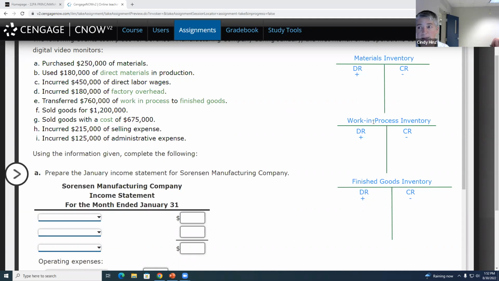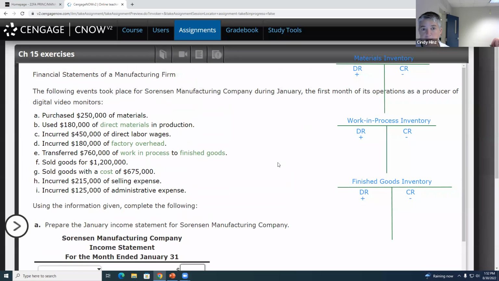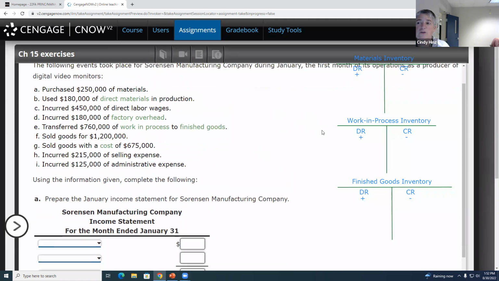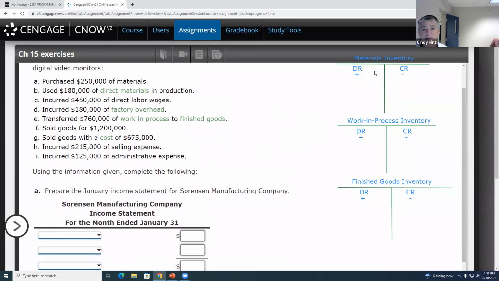So looking at our T accounts, now I have all 3 T accounts set up, and we can start going through each one of these events that happened for this company. So, oops, why won't that slide? There it is. So this month, January, was their first month of operation. What that tells us is they didn't have any opening balances. These are balance sheet accounts.